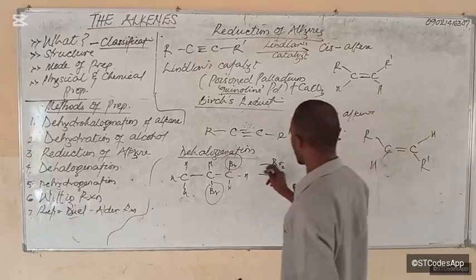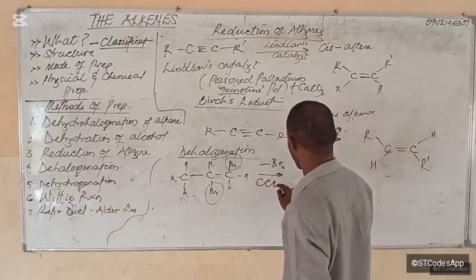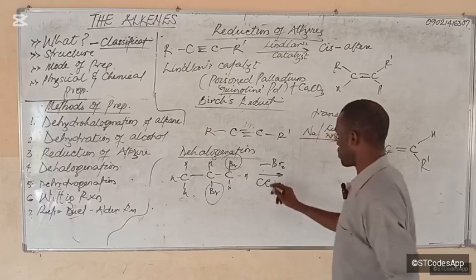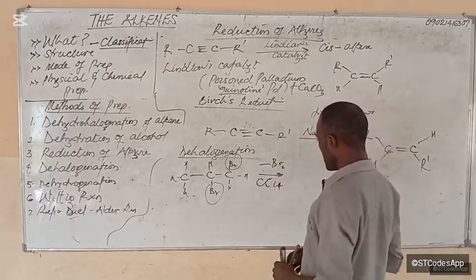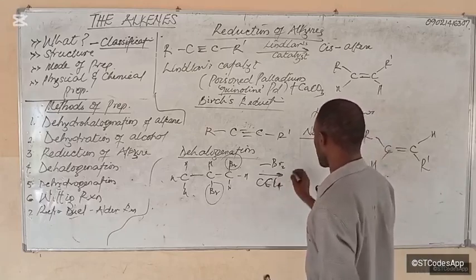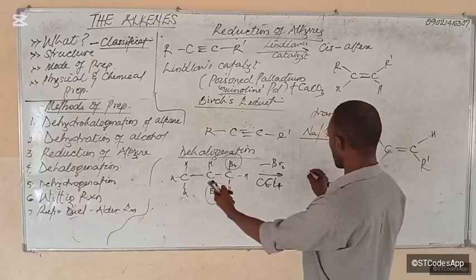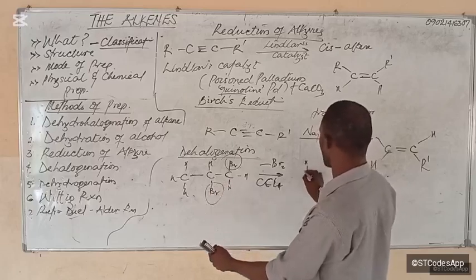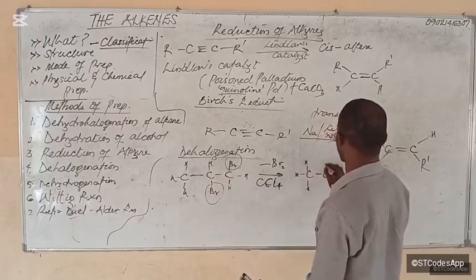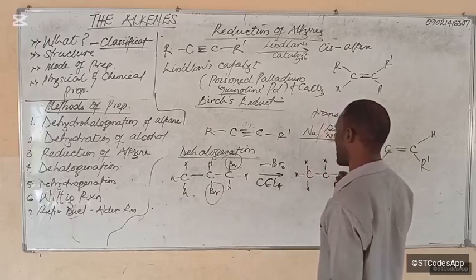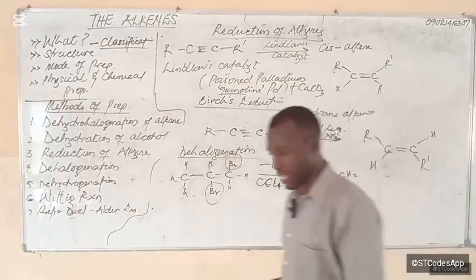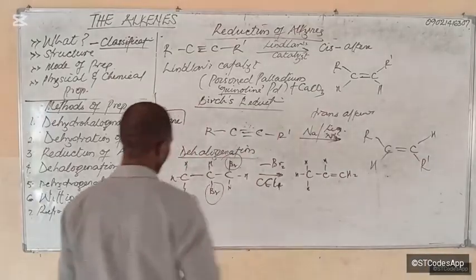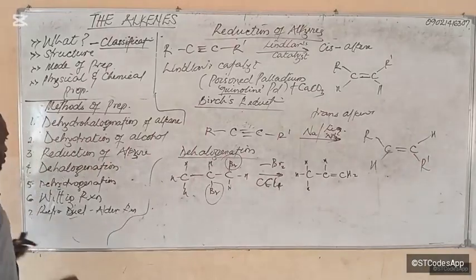It occurs in the presence of CCl4, tetrachloromethane, and what you get is CH2=CH, a double bond. That is dehalogenation.